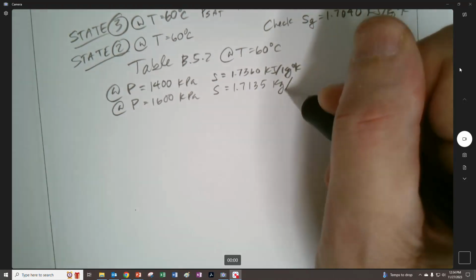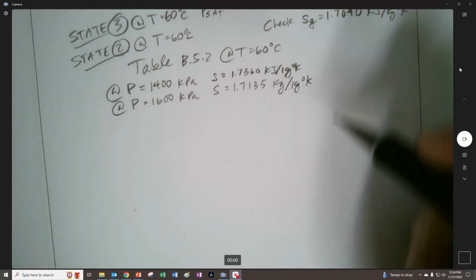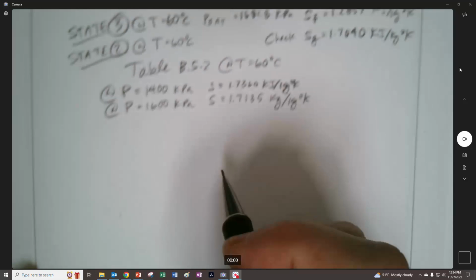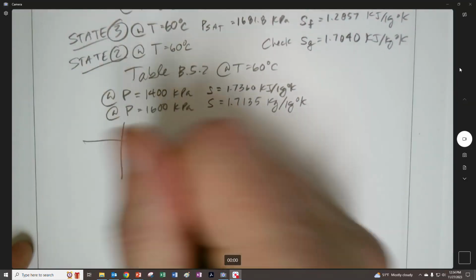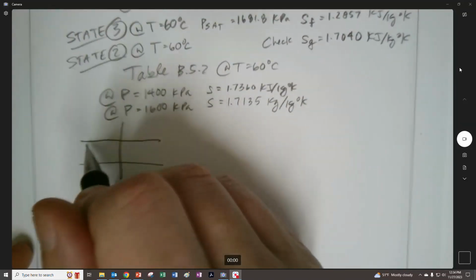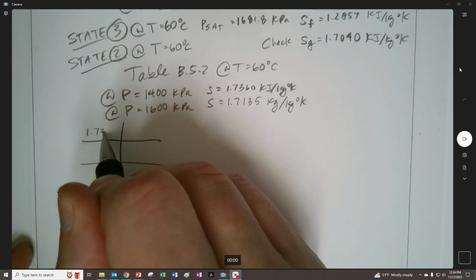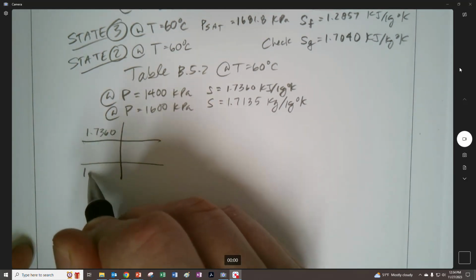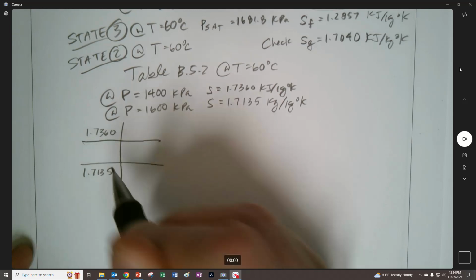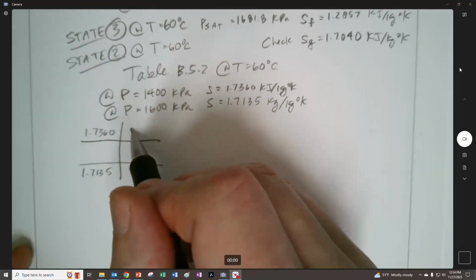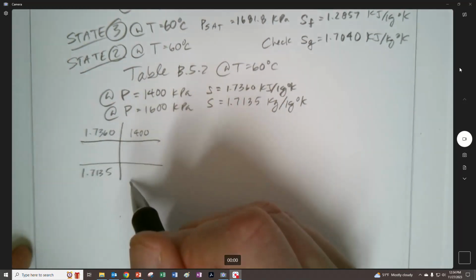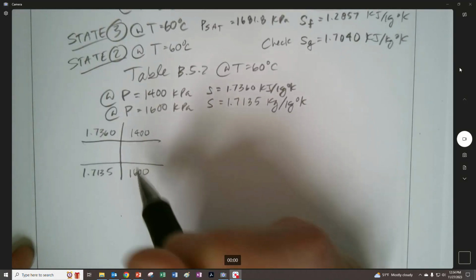So we want to go ahead and interpolate. We take 1.7360 and 1.7135, this is at 1400, and here's at 1600.